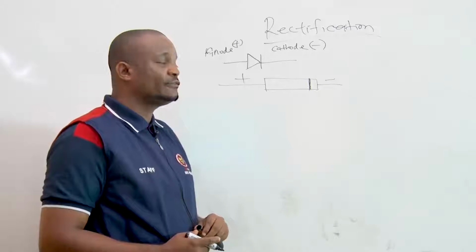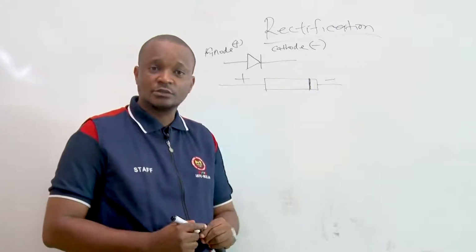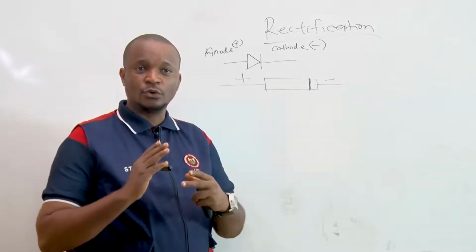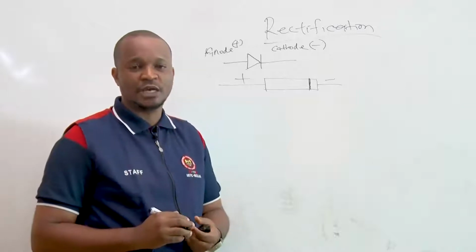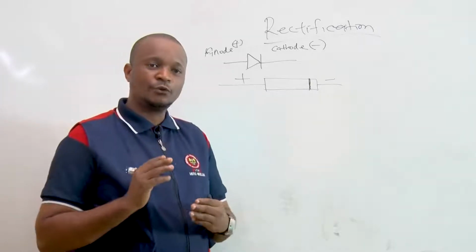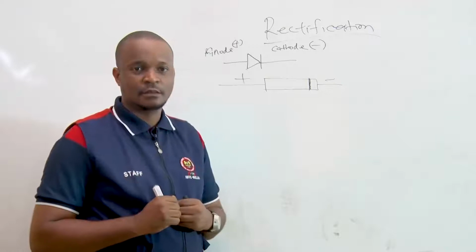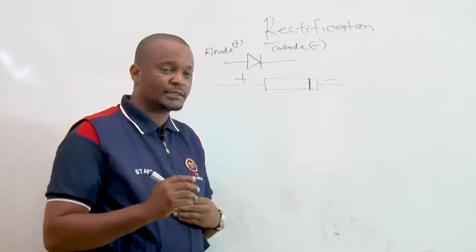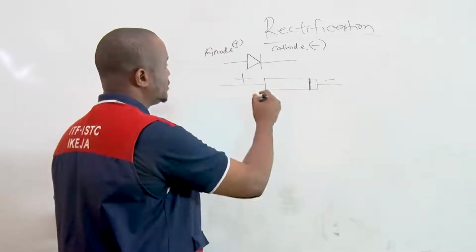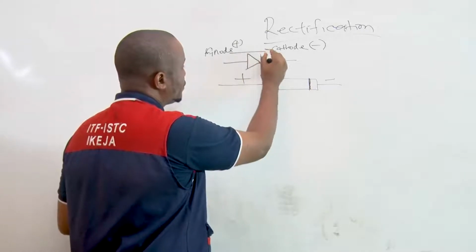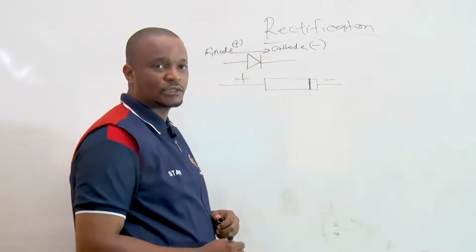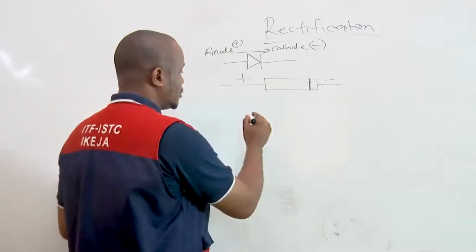What is the primary function of a diode? It is to allow current to flow only in one direction. That is forward bias, meaning the flow of current in one direction and not the other way.